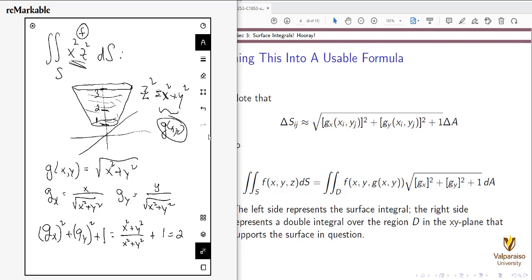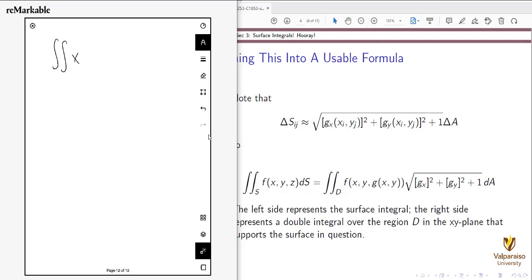That's very nice. And so, when we go to load up x squared z squared ds over the surface S, where the surface is the cone z squared equals x squared plus y squared, over here from the slide, this big term happens to simplify to the square root of 2.